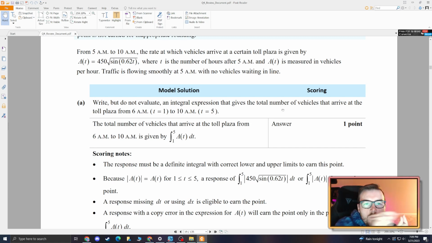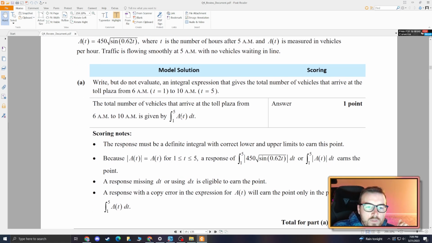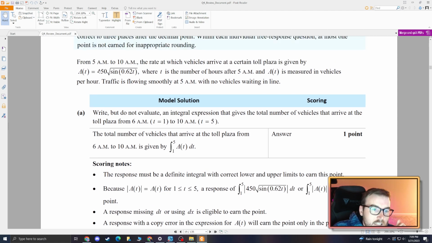So there's a difference between total distance and displacement, if you recall. So we want the total number of vehicles, so we are integrating this function A of t from 1 to 5.